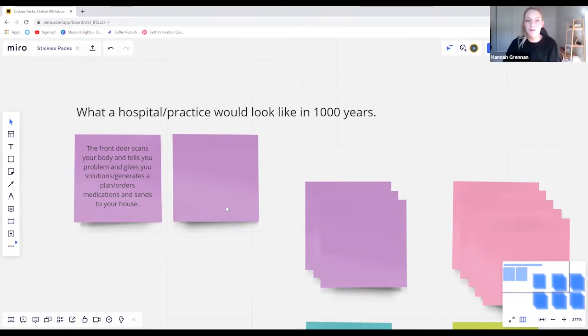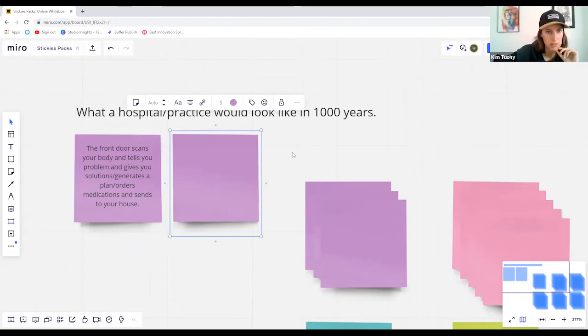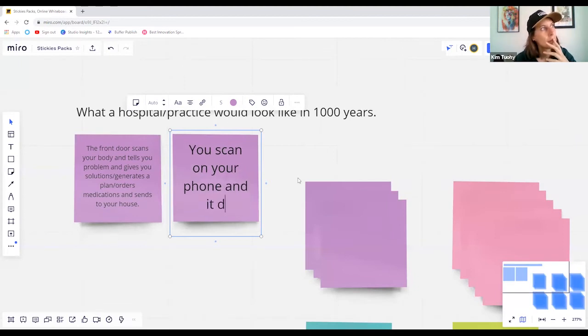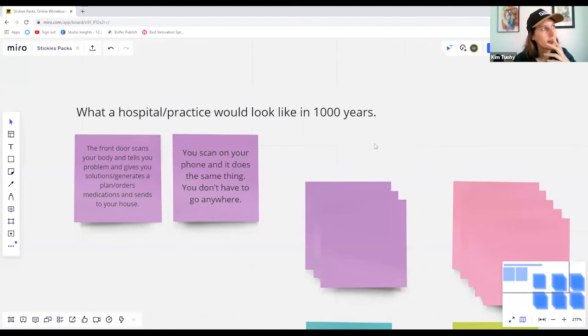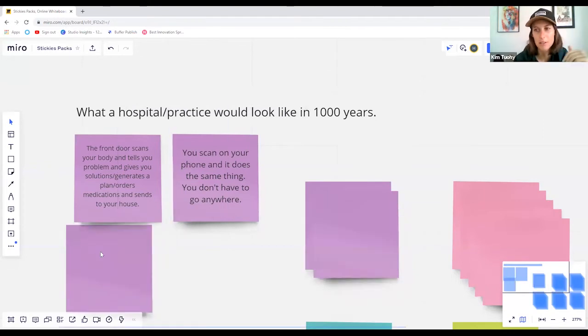Yeah, that's really cool. Okay, so what would practice look like in 1,000 years? I think it even could just be like a scan on your phone, and it does that same thing, so you don't have to go anywhere. I even think, probably in 1,000 years, you could just think it.